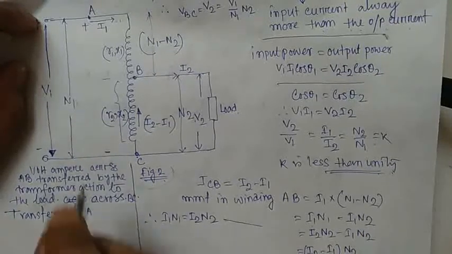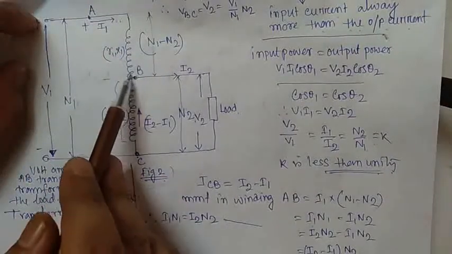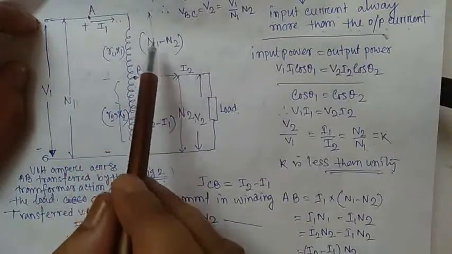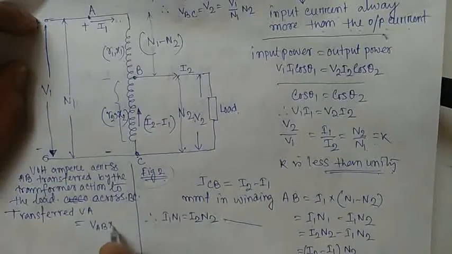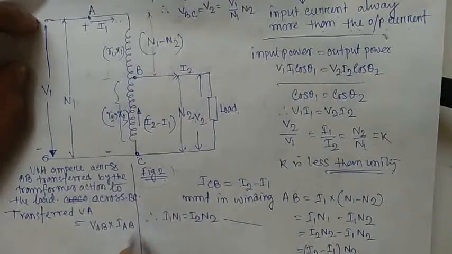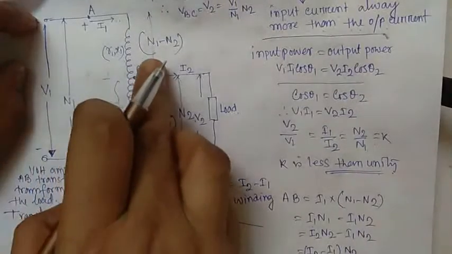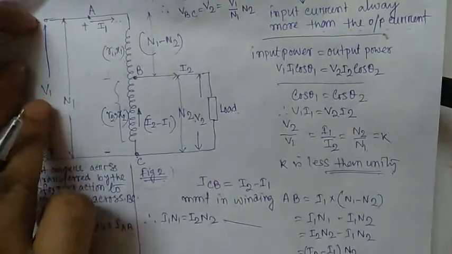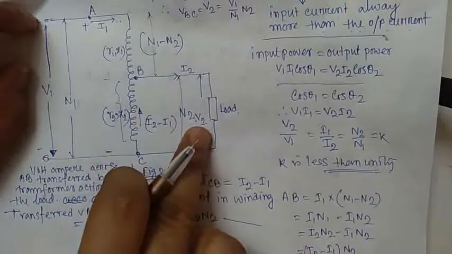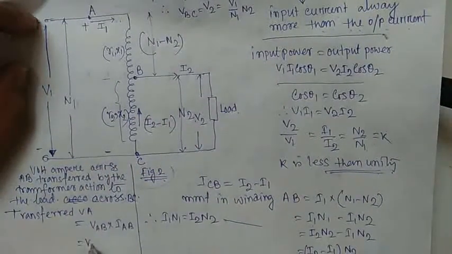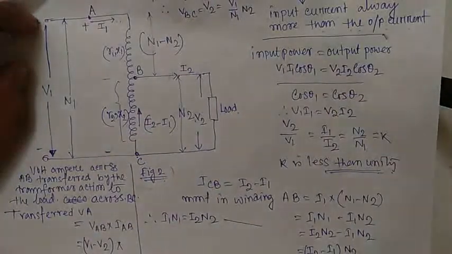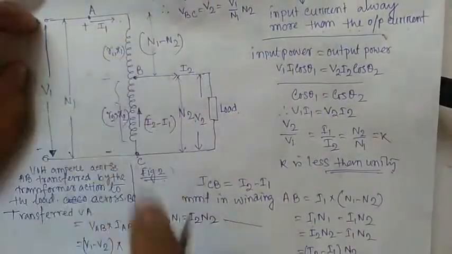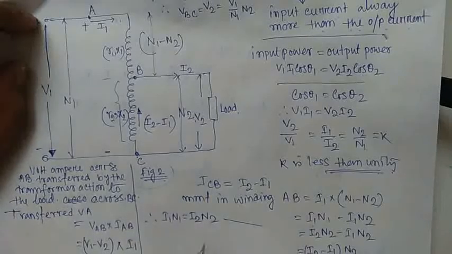So transfer VA is nothing but V of AB into I of AB. Here V of AB is nothing but V1 minus V2, and I of AB here is nothing but I1.